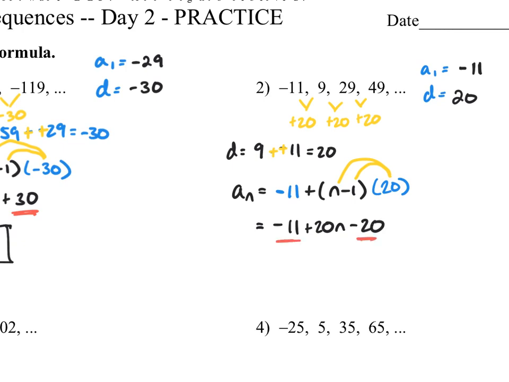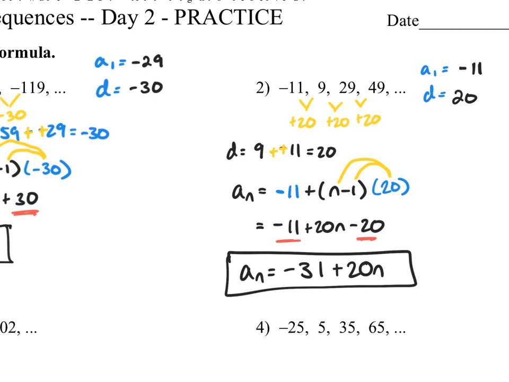Last step is to combine your like terms, and then you are left with the explicit formula. So that is negative 31 plus 20n. How are we feeling on that? Relatively easy, right? Feeling good, feeling great.